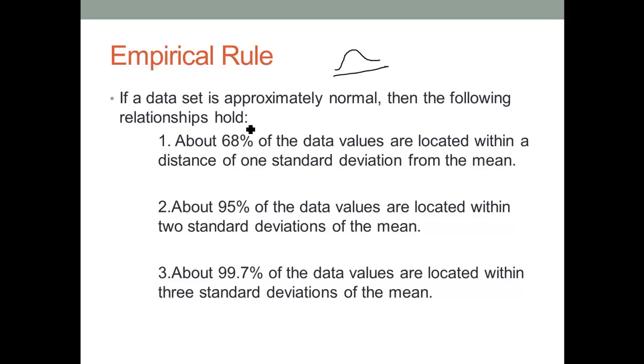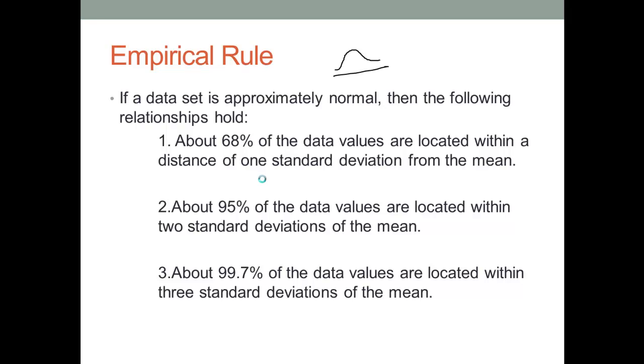About 68% of the data values are located within a distance of one standard deviation from the mean. About 95% of the data values are located within two standard deviations of the mean. And about 99.7% of the data values are located within three standard deviations of the mean.